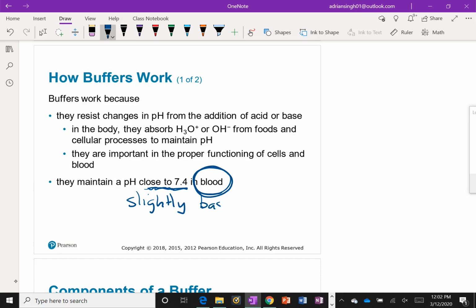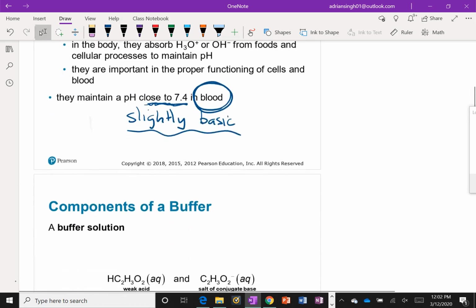And it needs to be to allow all the stuff that resides in the blood to function effectively. If the pH changes drastically from that roughly 7.4 value, it can affect the organism, which in most cases would be you. All right, so buffers are extremely important, especially in the blood.